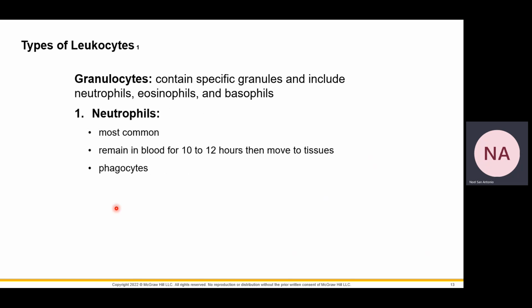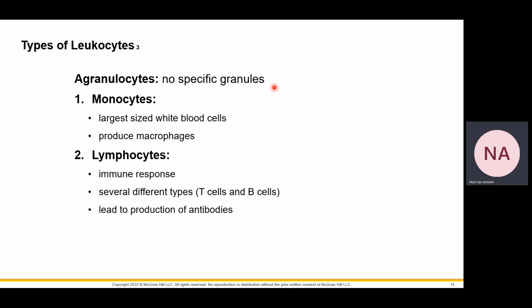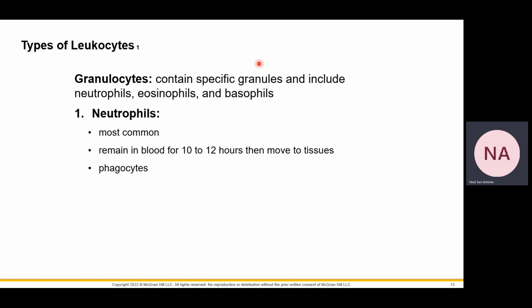Pag sinilip under the microscope, granulocytes contain specific granules in their cytoplasm, while agranulocytes have no granules in their cytoplasm. So what are your granulocytes? Your neutrophils, eosinophils, and basophils.